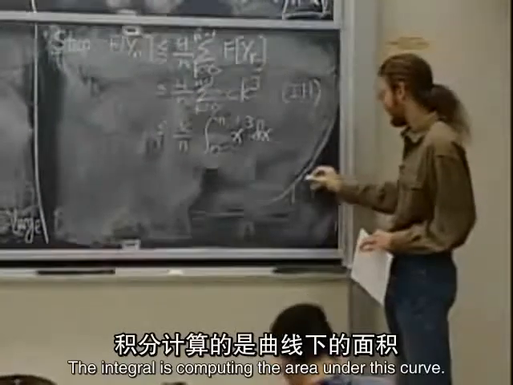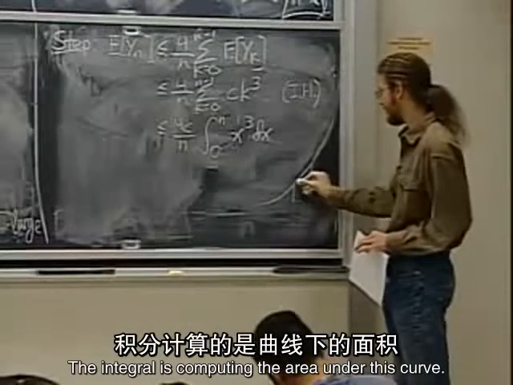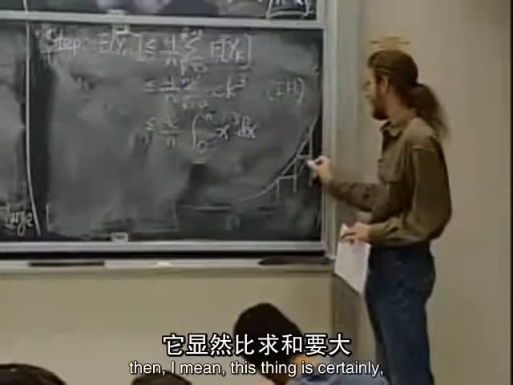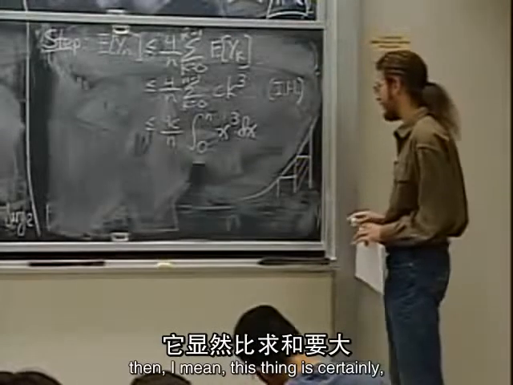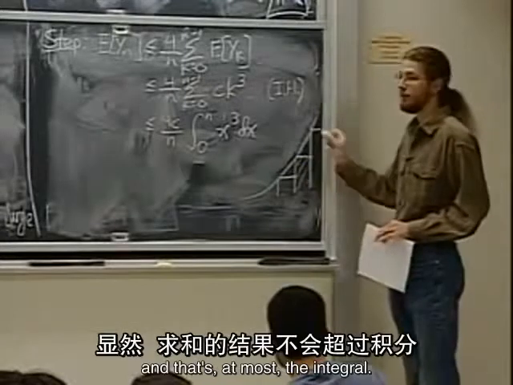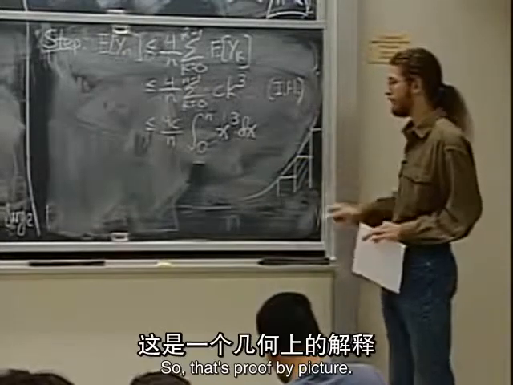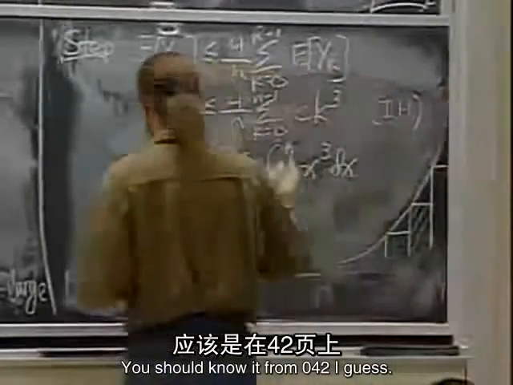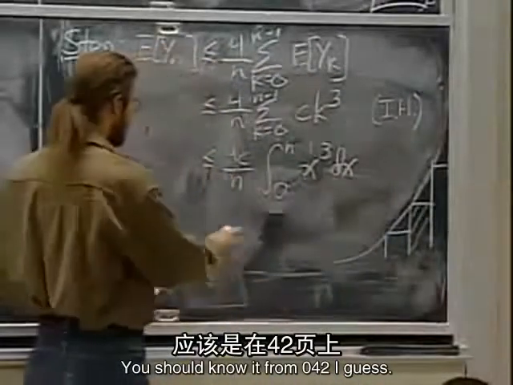The integral is computing the area under this curve. So in particular, this would be the sum if you go one larger at the end, and that's at most the integral. So that's proof by picture. But you can see this in the book. You should know it from 042, I guess.